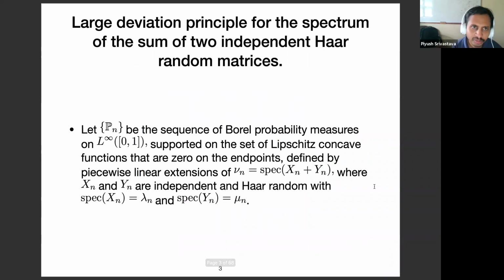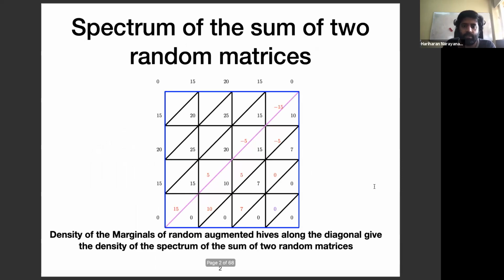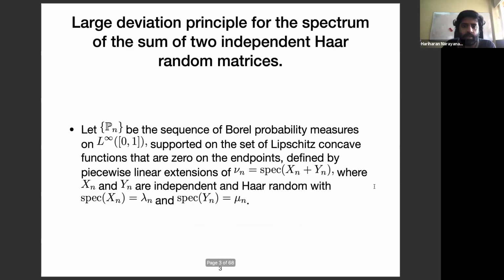Okay, thank you. Okay, so now I'll introduce the setting for large deviations. So let Pn be a sequence of Borel probability measures on L infinity of 0, 1. Here L infinity 0, 1 is really going to be the set of functions on that pink diagonal. So that pink diagonal represents the interval 0, 1. We're looking at bounded functions on that, supported on Lipschitz concave functions that are 0 at the endpoints, as we saw. So these functions are all 0 at the endpoints on the pink diagonal, defined by piecewise linear extensions.